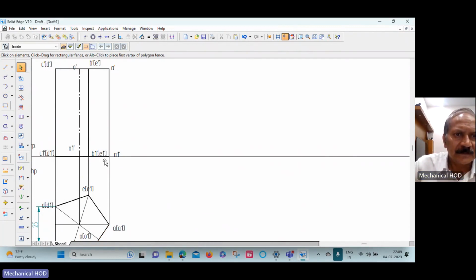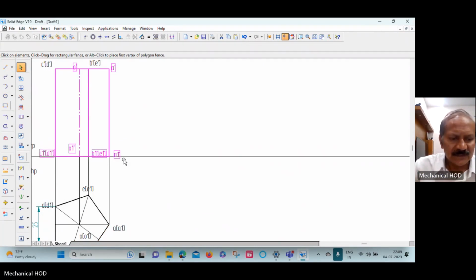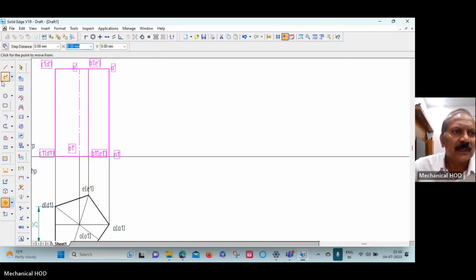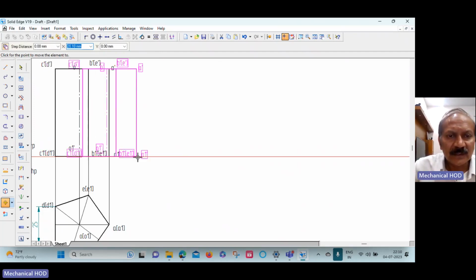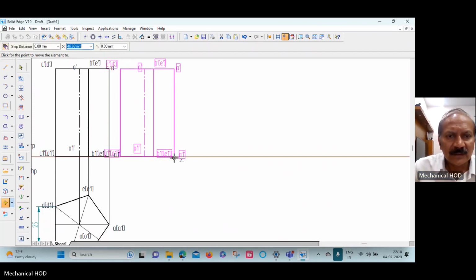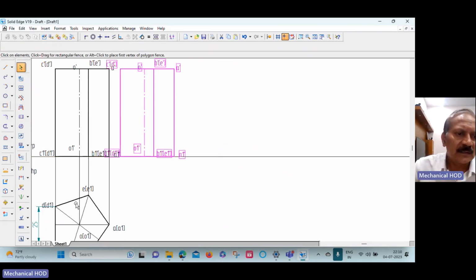Select it. Then move, copy on. Move from this point and keep it here. Again, come out and right click.